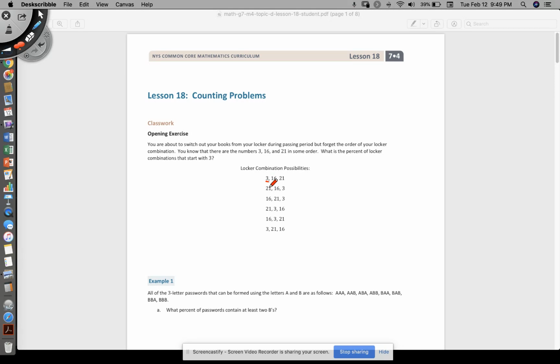So we have a 3 starting here and a 3 starting here, so we have 2 out of a total of 6 combinations. So that's 1/3, and 1/3 as a percent is 33 and a third percent. So there's a 33 and a third percent chance that your combination starts with a 3. And that's it. All right, let's go on to Example 1.